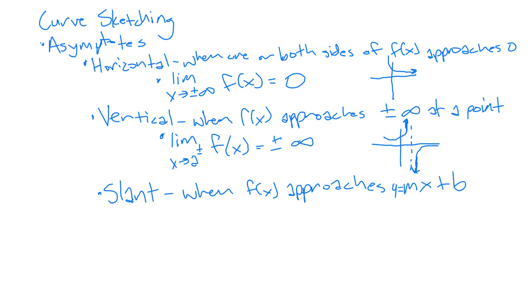An example could look like this: we have our graph right here, and a linear function here as our asymptote, and then our actual function doing something like this, slowly approaching it.